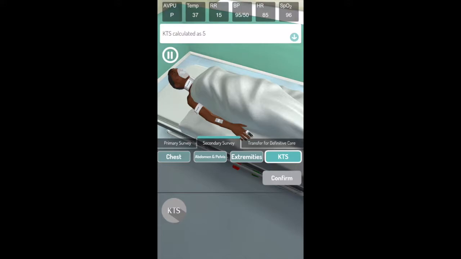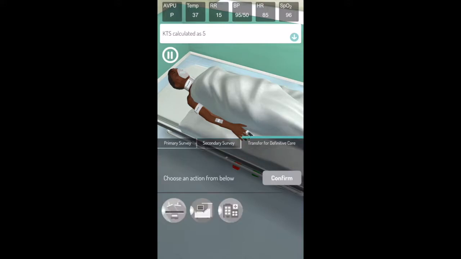At this point, the patient is packaged, ready for transfer for definitive care. We're at the district hospital. We have the option of taking her to the operating room, which is her best option. If we transfer her to ICU, which is one of the options, in this case, that patient would die. If the learner had transferred Tima to ICU, okay, but we go to the operating room.